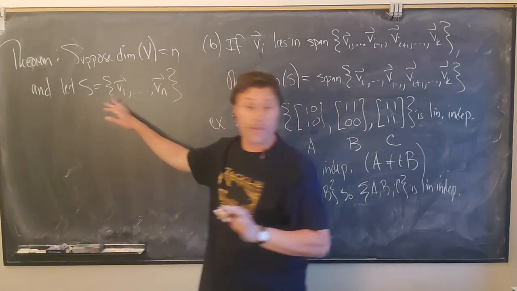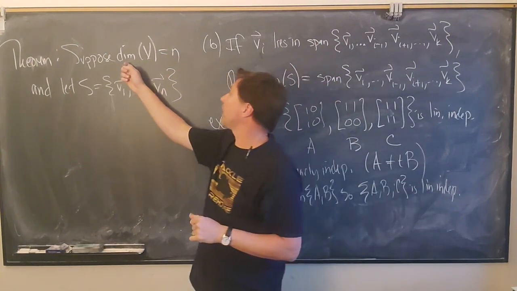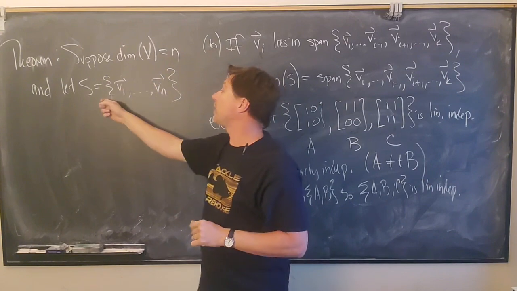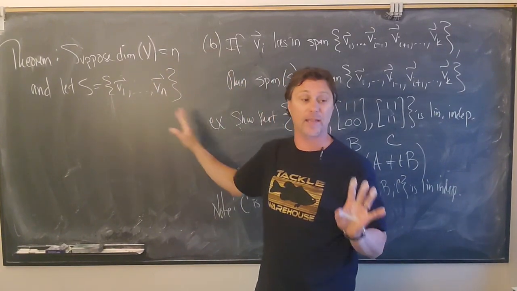Okay, so I'm not claiming it's a basis right at the moment. I'm just saying suppose that we have a vector space of dimension n and that we happen to have a set consisting of exactly n elements.